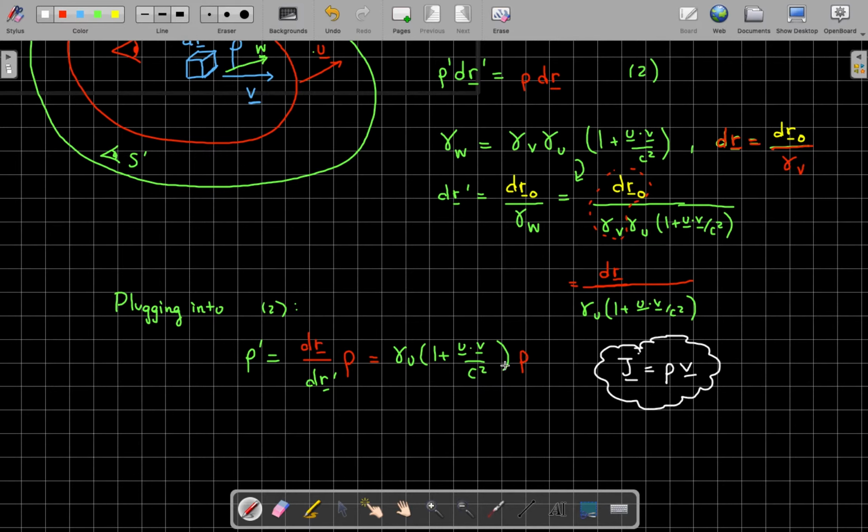And when I plug that into here, I clearly see rho times v, that's just equal to J. So this is equal to gamma u times rho plus u over c squared dot J.